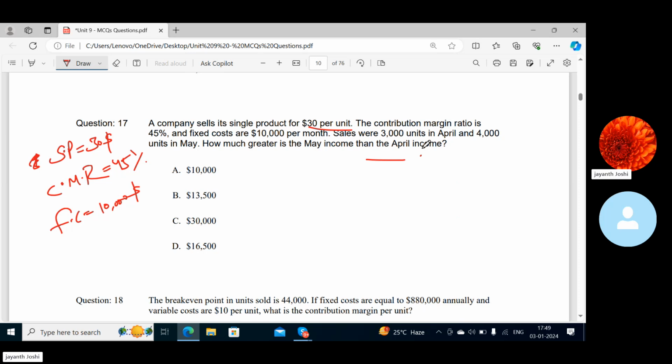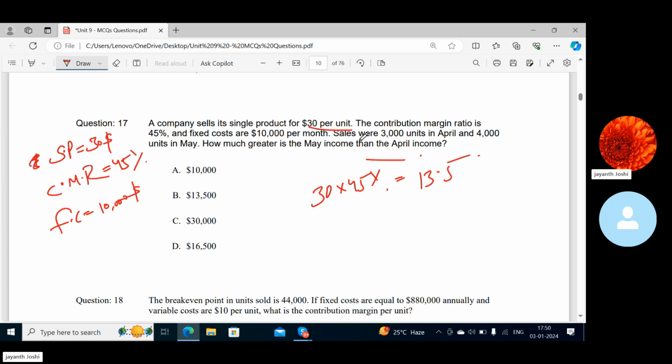They're asking contribution. We have to see the previous contribution and the new contribution, right? So contribution margin we will apply on the selling price. 30 into 45%. How much? 13.5. This is the 45% contribution margin.